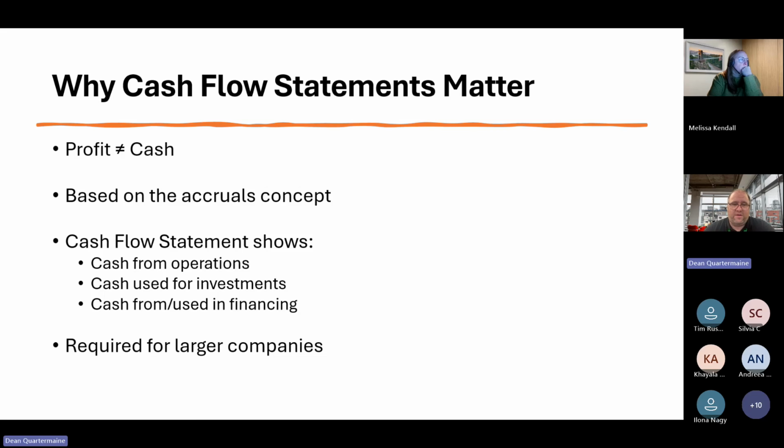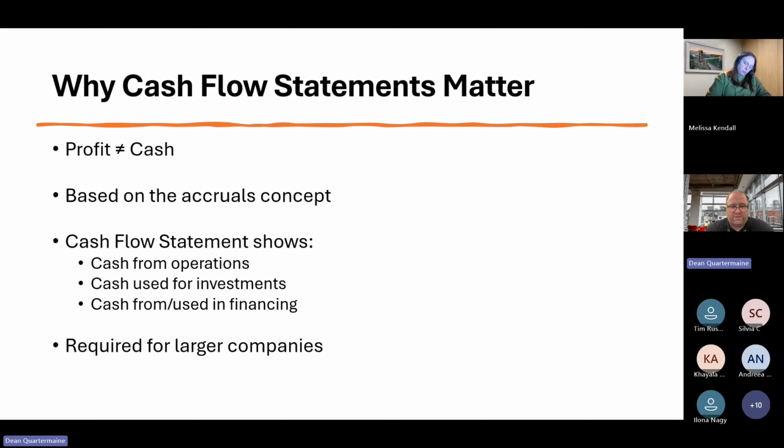Cash flow statements show three things: cash from operations, so that's the day-to-day trading; cash that's used for investments; and cash that you've received from or used in financing activity.